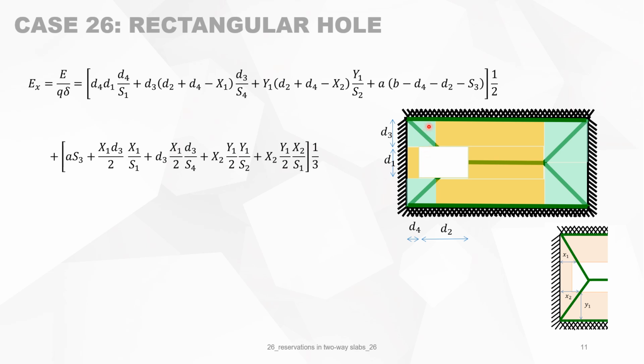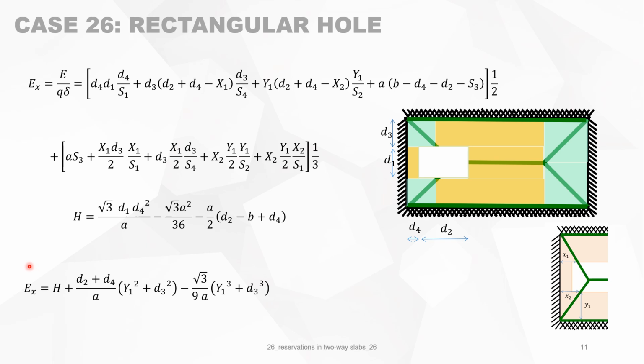Then the other one, which is d3 times x1 divided by 2, and the maximum deflection of this portion is d3 over s4. The same we do at the bottom, the same system. We take the mean deflection of triangles, which is delta over 3. Now this is getting a little difficult to write in one formula, so we cut the formula into a portion which we call h, and then we can write Ex as equal to this formulation.